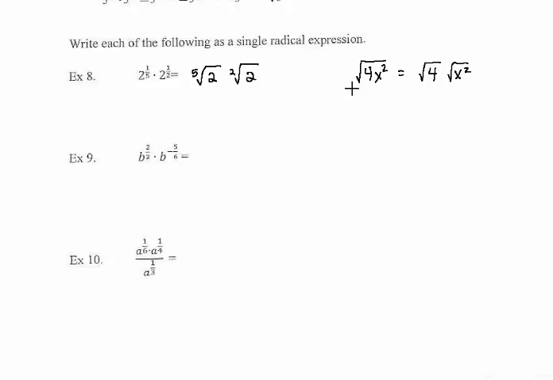Likewise, if we were given the square root of 16 times the square root of, say for instance, y to the 4th power, then just as easily as we broke this square root apart into 2 separate square roots, we could multiply these two together and get a single square root of 16y squared. What allows us to do that is that all of these radicals are based on the same index number. They're all square roots. These, in example 8 on the other hand, have different indexes.